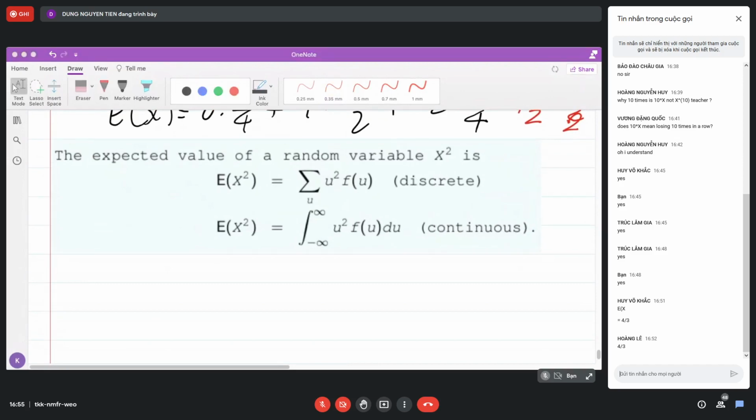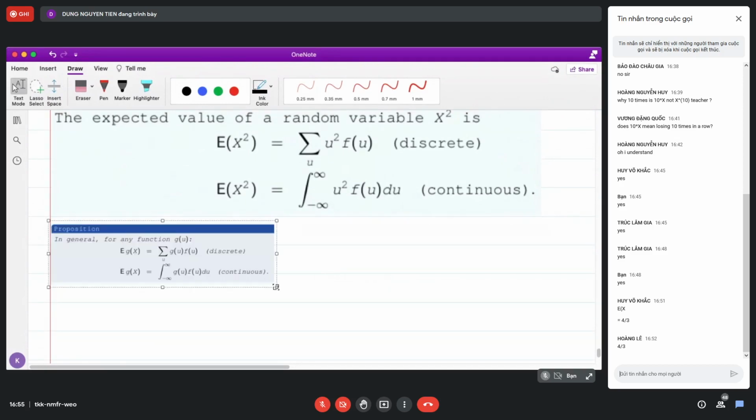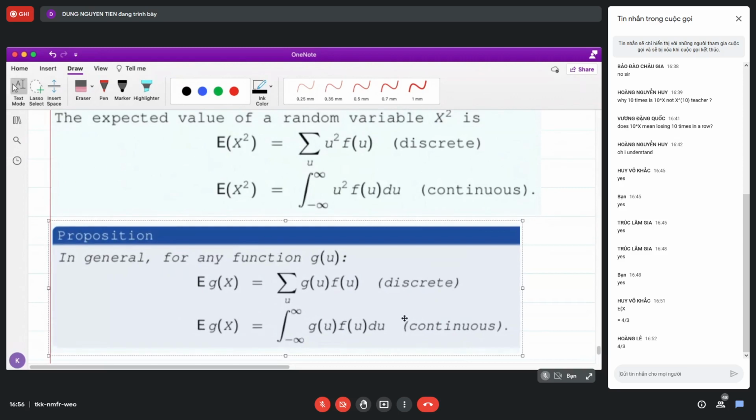All right. In general, for a function g of u, you can also find the mean value of g of x. Okay. Is it okay for you? Is it all right? Okay.